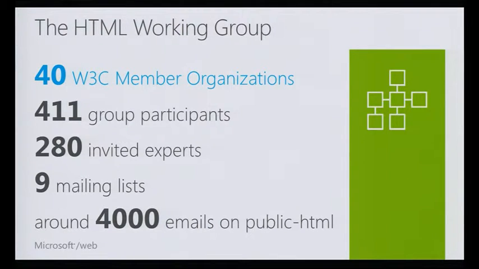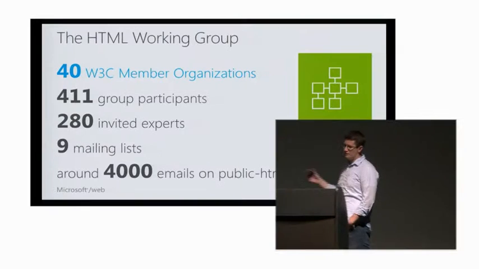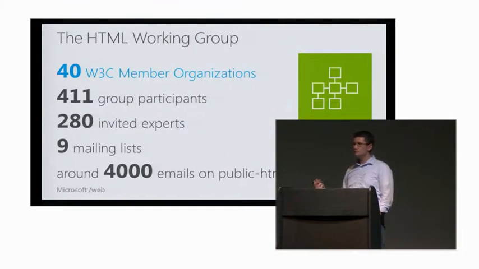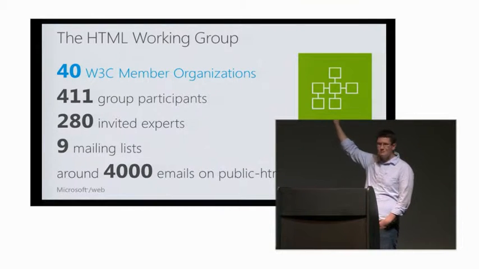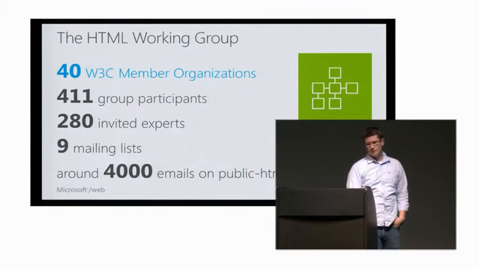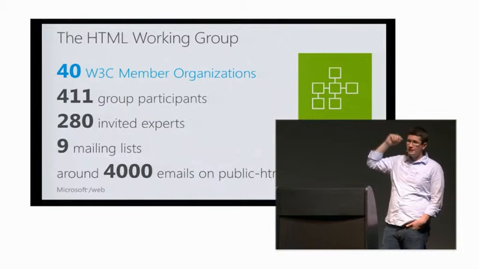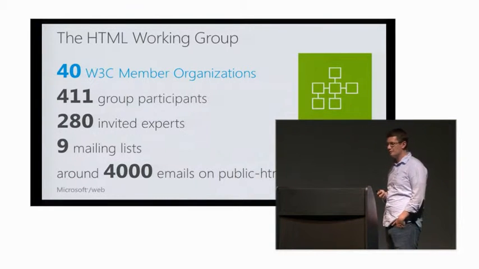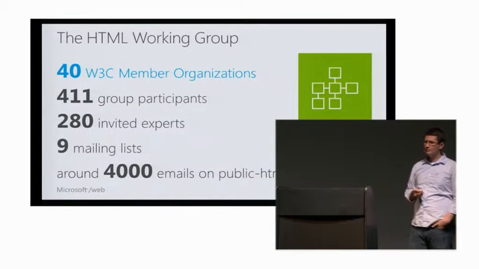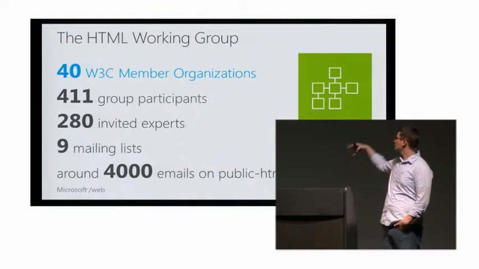There are about 40 W3C member organizations, and each one has roughly 10 people. Then there are also about 280 invited experts. It's comprised of roughly 9 email lists, and there are about 4,000 public emails you can subscribe to, and that's just for the HTML.